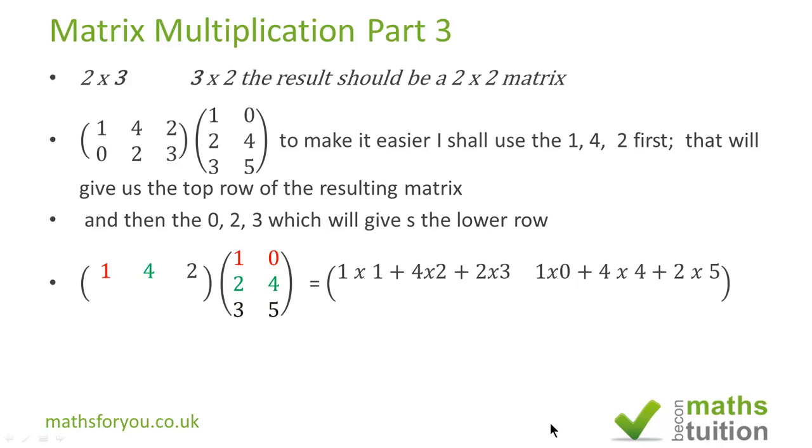When you combine these, you should get 1 times 1, which is 1, plus 4 times 2, which is 8, and 9. 9 plus 6 will give you 15. And for the right corner, top row, you get 1 times 0 is 0, 4 times 4 is 16, 16 plus 10 will give you 26.